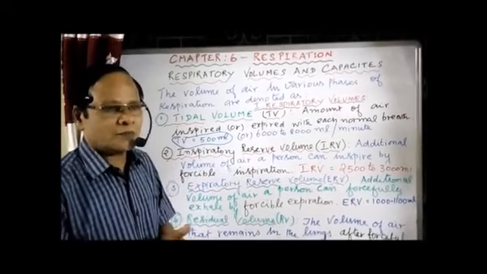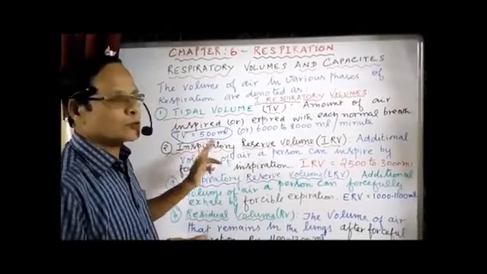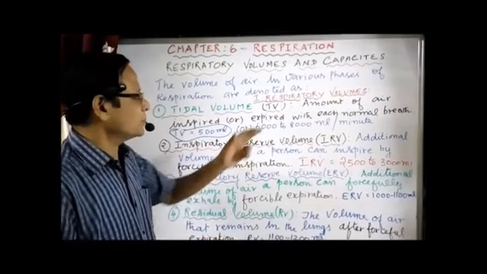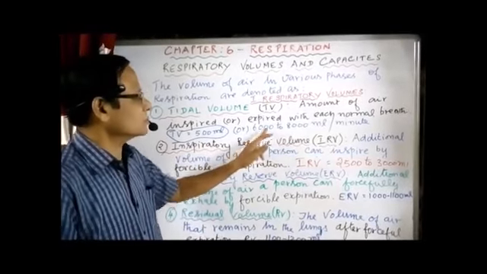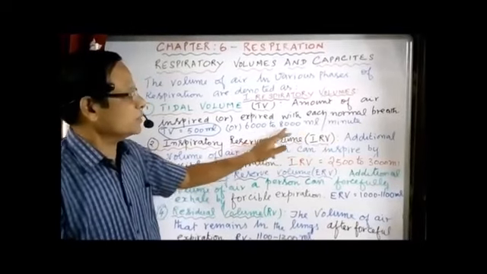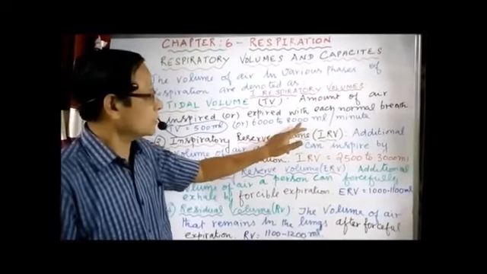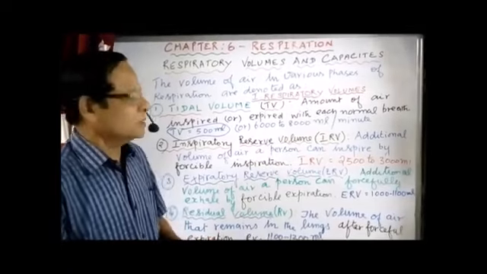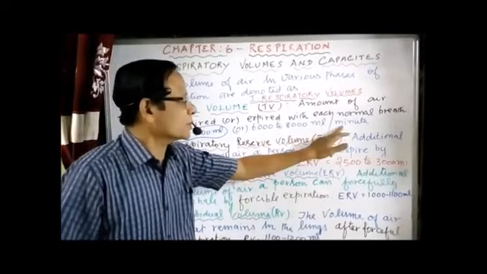But per minute you have to multiply this by 12. So per minute it is about 6000 to 8000 ml, the range given in the book. So this is the tidal volume per minute.